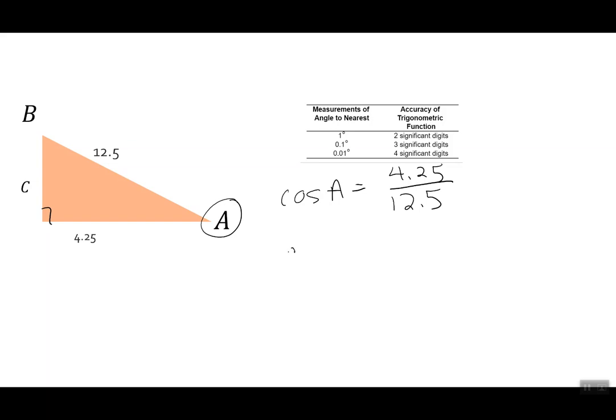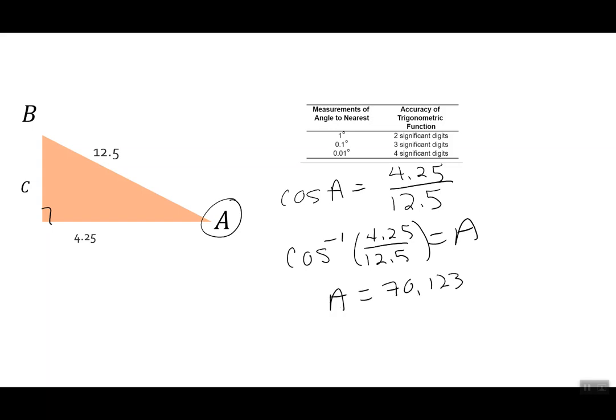I used the inverse. So I will say cosine inverse of 4.25 over 12.5 is equal to A. So in my calculator, I'm hitting cosine inverse 4.25 divided by 12.5, and it says A is 70.123, right? It keeps going.